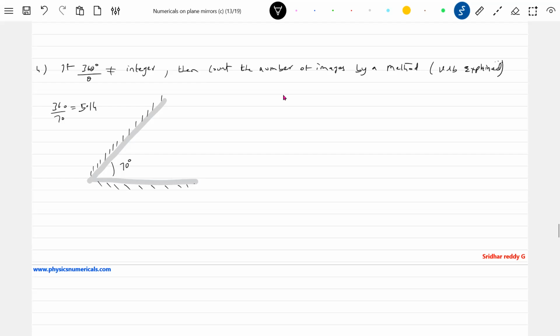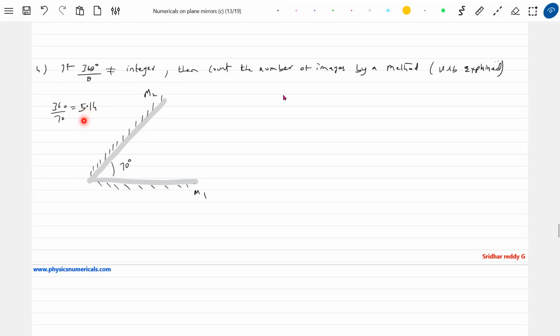No, you should not use any particular formula. The angle between the mirrors is not an integer, 5.14. Sir, take out the 0.14 and approximately make it 5? No.